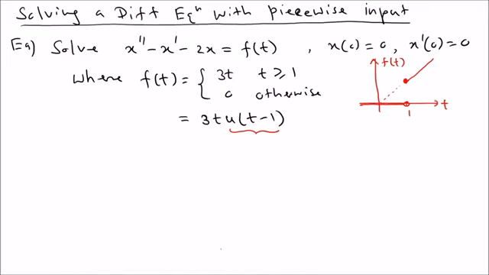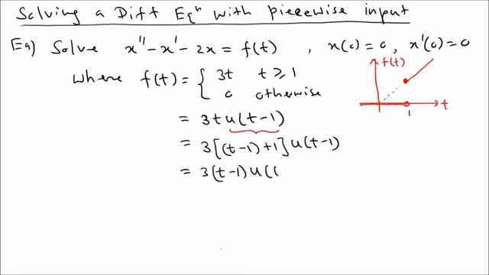So let's do that. We're gonna subtract and add 1. It's a trick here. We'll start with t, subtract 1 and add 1, and then u(t minus 1). Now if you distribute with the first one, you get (t minus 1) u(t minus 1).